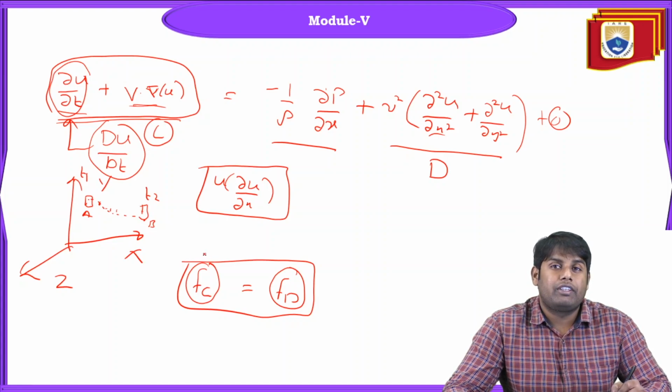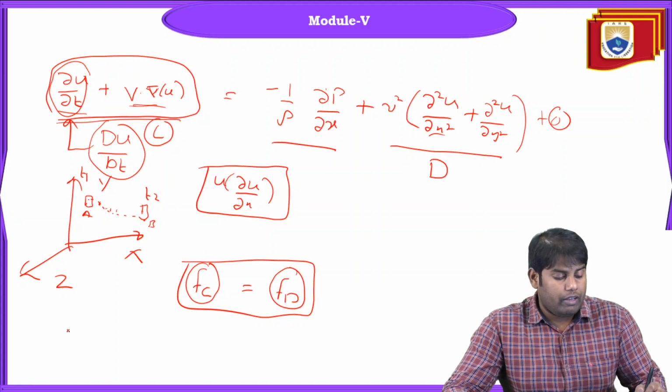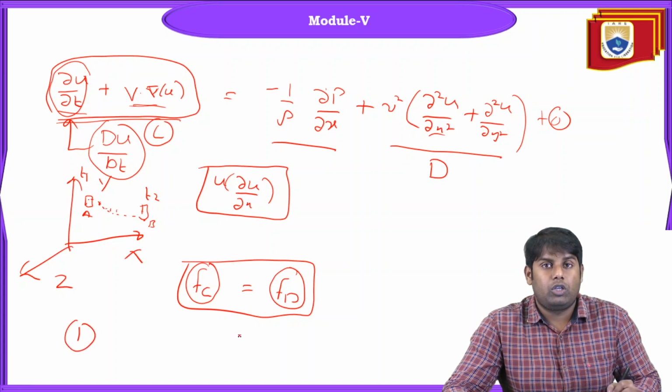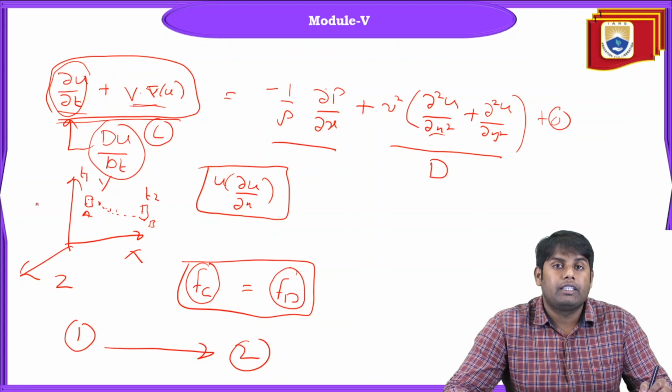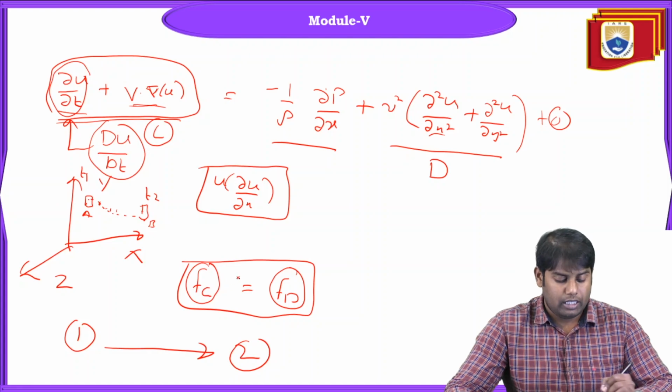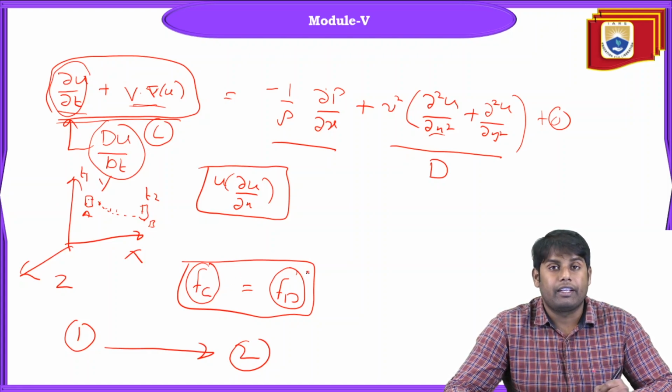Balance between convection and diffusion in the sense that when it is going from station 1 to station 2, if the convection term or FC is decreasing, the diffusion term FD will increase.